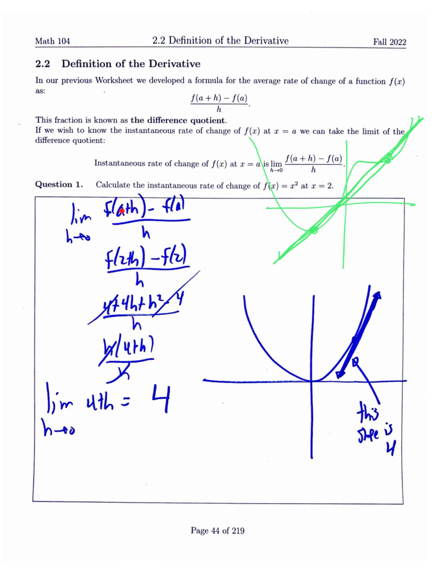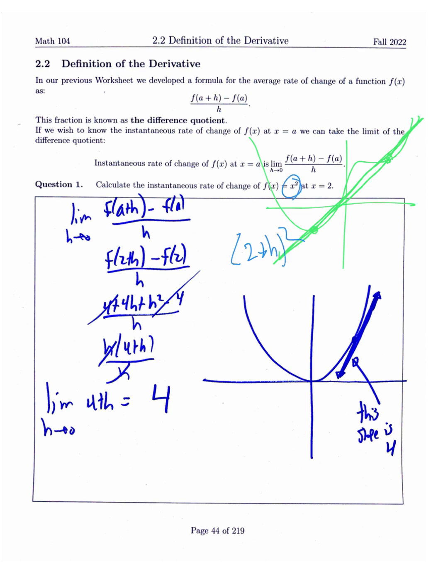So we got to plug in a plus h to the function. Well, that means we got to take (a plus h) squared minus a squared. Okay, well, a is 2. It said at 2. So f of 2 plus h, well, I guess I forgot to write it. That's (2 plus h) squared, right?